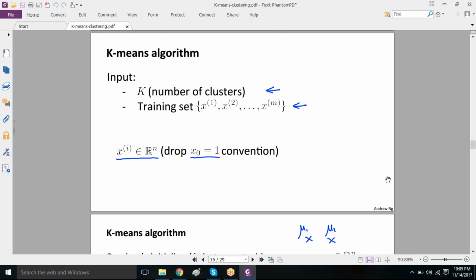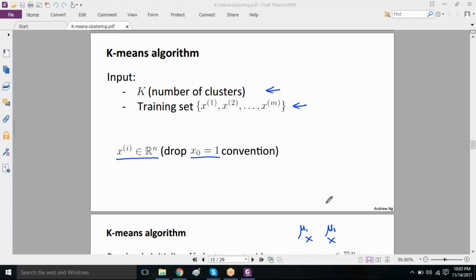In k-means you have a parameter k. You will give the training data points as input and you will give the value of k.